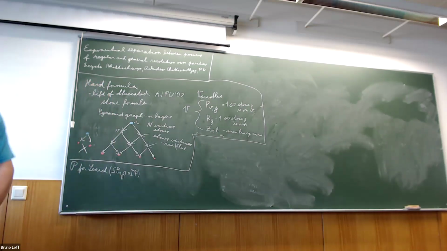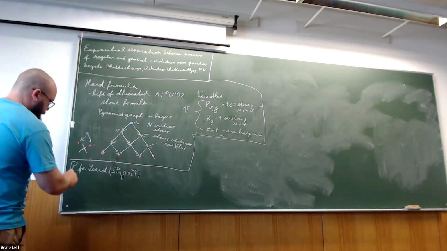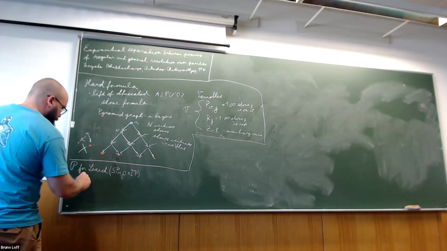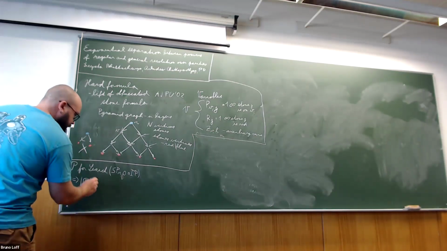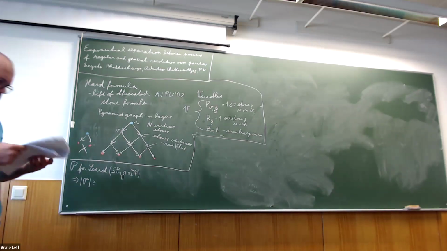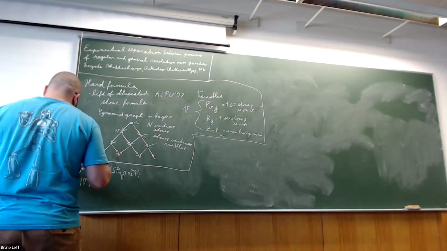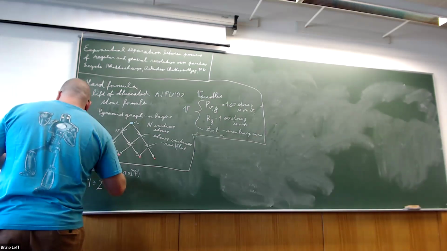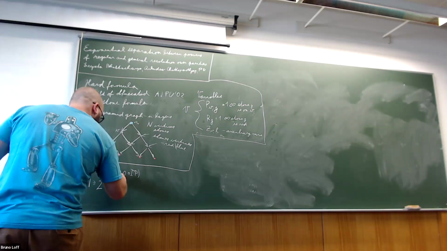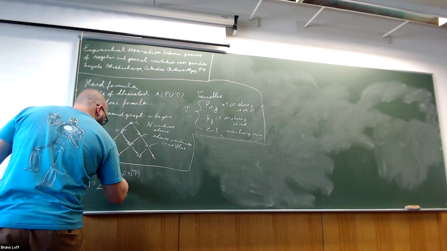What we want to show is that the size of P, the number of nodes in this DAG, is at least 2 to the omega of n^(1/3) over n.